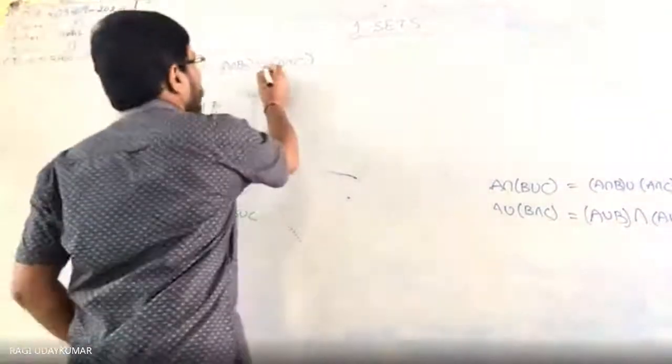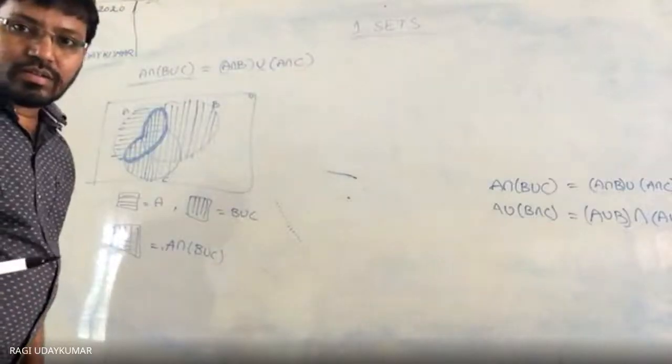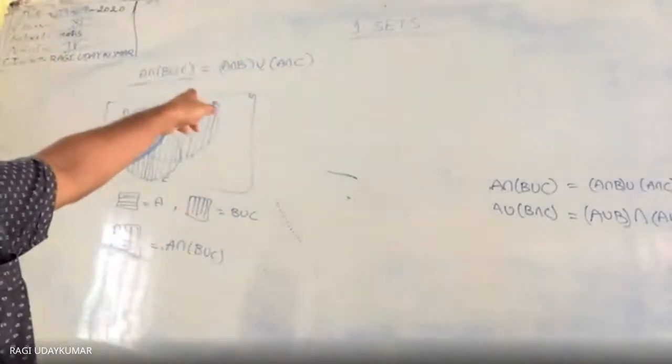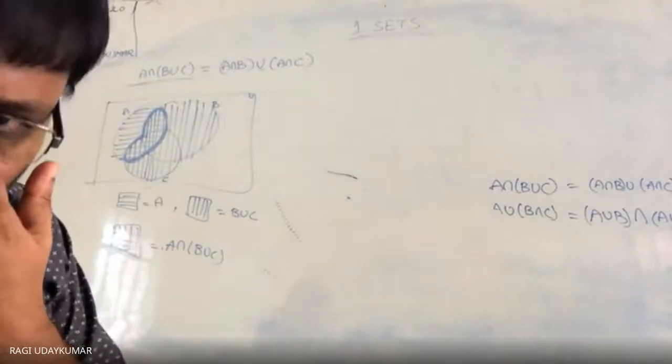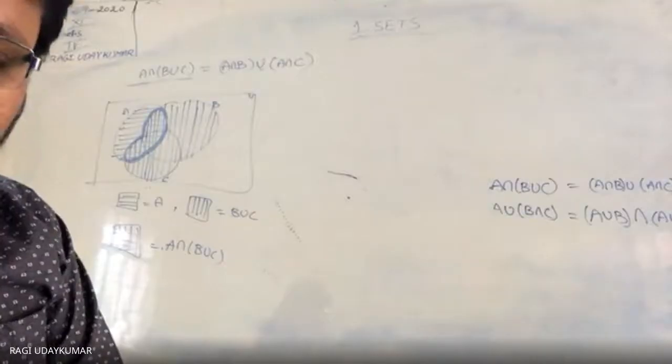Sir, the right hand side is not visible properly, sir. Suddenly the weather is changing. Sir, the board is not clear, sir. Yes, the weather is changing. Is it audible to you? Yes, sir, it is audible. Audible but not visible.